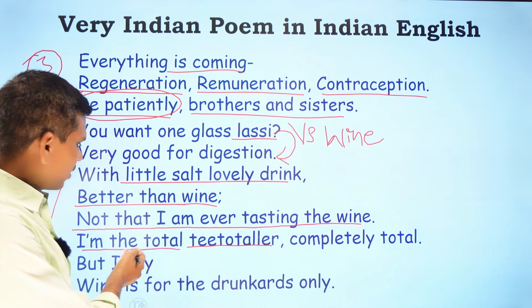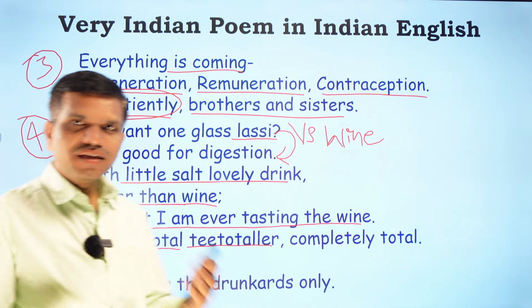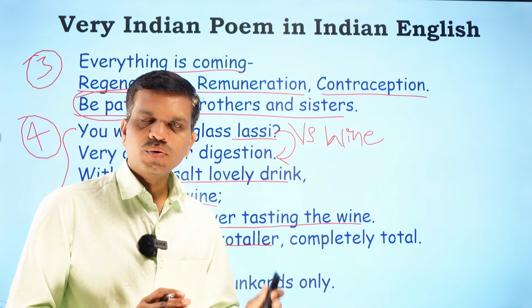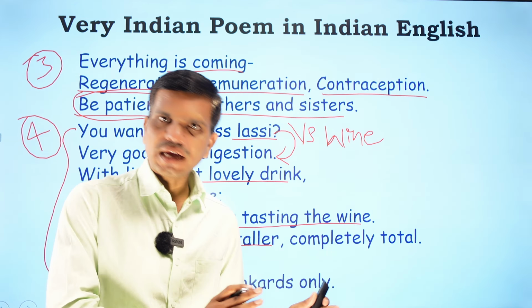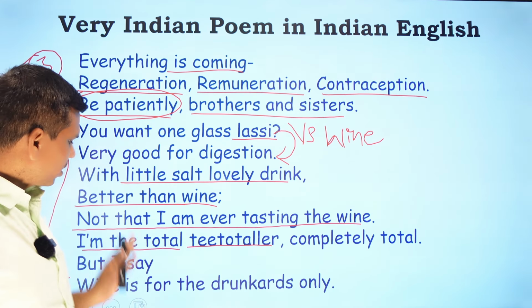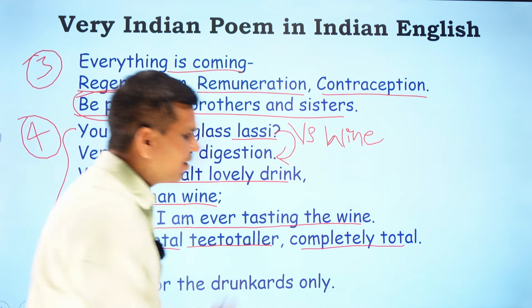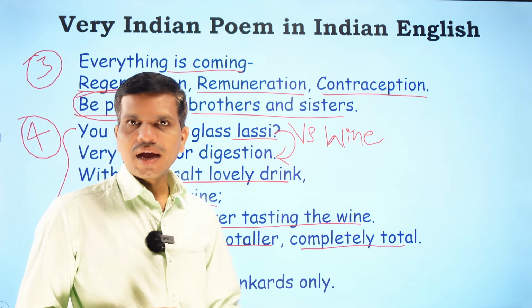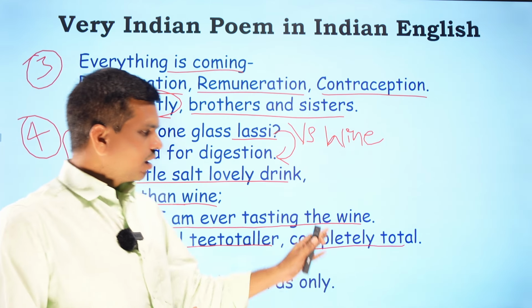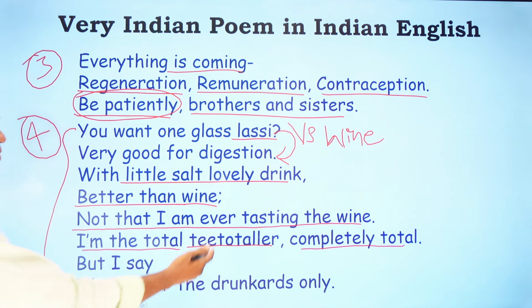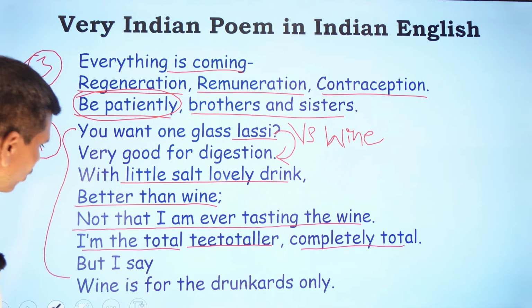So you need not place total, but we Indians generally, when we want to emphasize something, add words, add adjectives. In the same way, we here find total teetotaler, again completely total. Now, I never drink alcohol, I never use alcohol is the meaning of this line. Teetotaler means the person who never drinks alcohol.